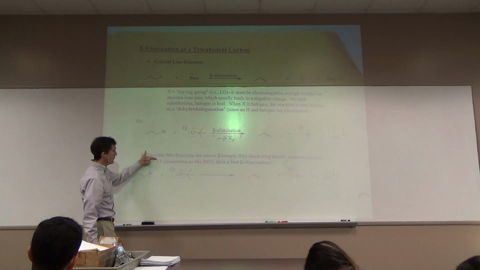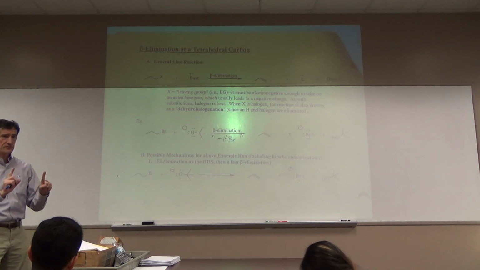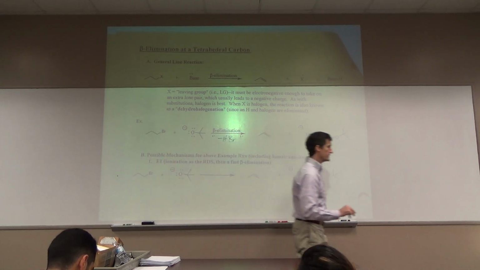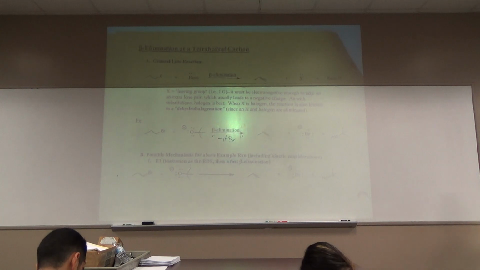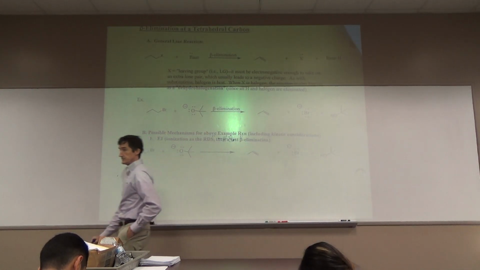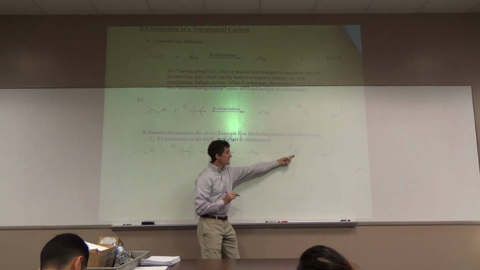First, we're going to call it E1. E1, the first step is the same as SN1. Thus, what is the first step? Just leaving group leaving. Same as SN1. Because the leaving group does have to leave.